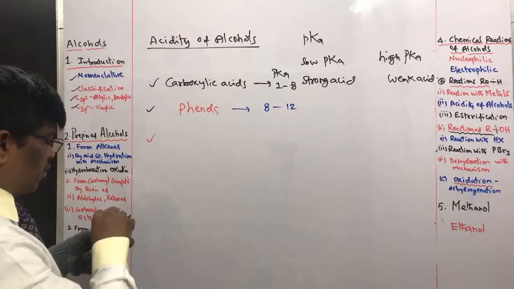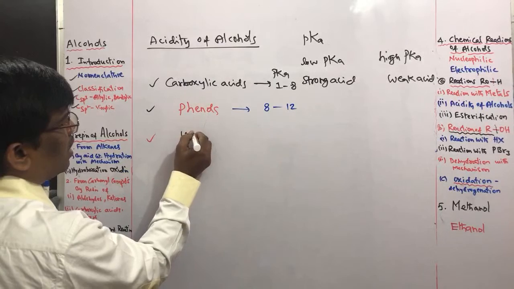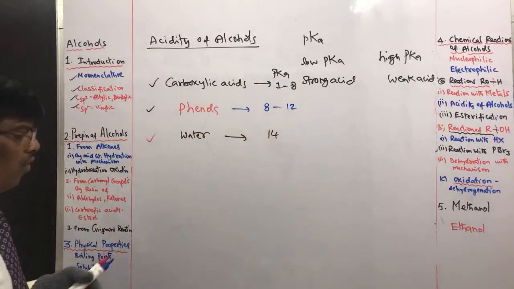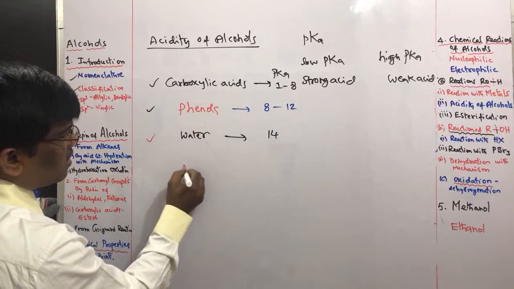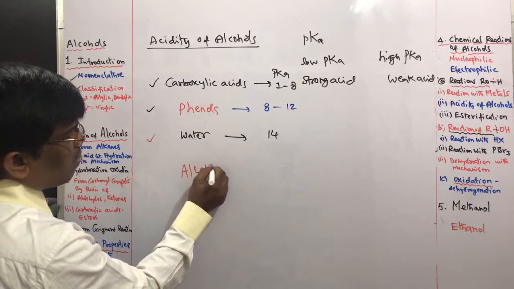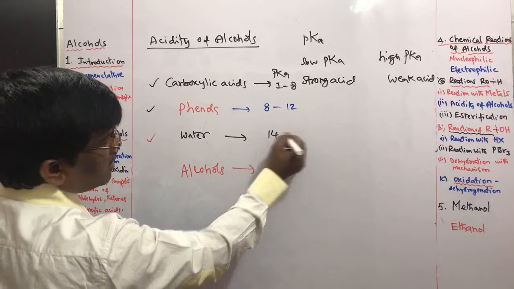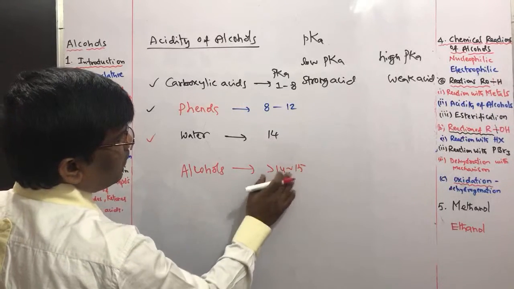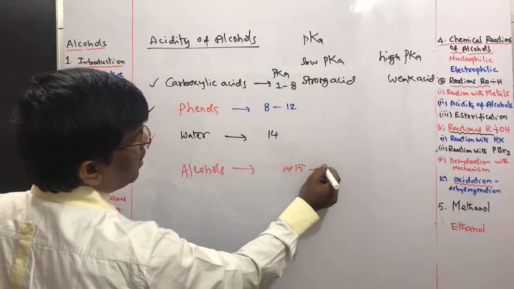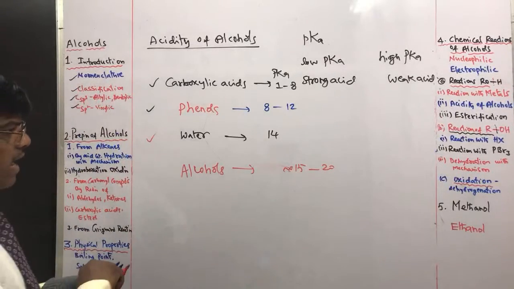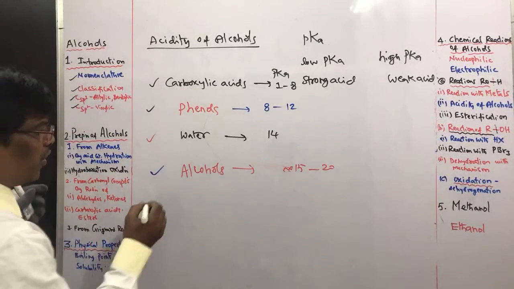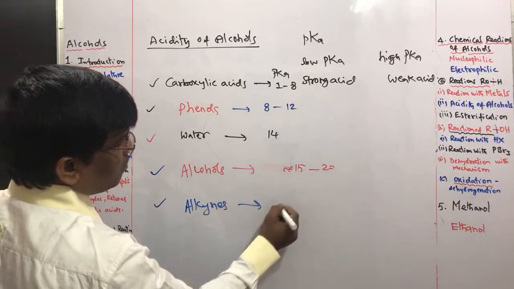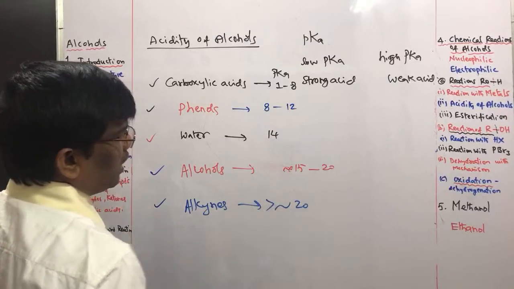Then water, whose pKa value is 14. And the alcohols have a pKa just above 14, usually 15 to 20. Another important class of compounds which act as acids are alkynes, and their pKa is above 20.